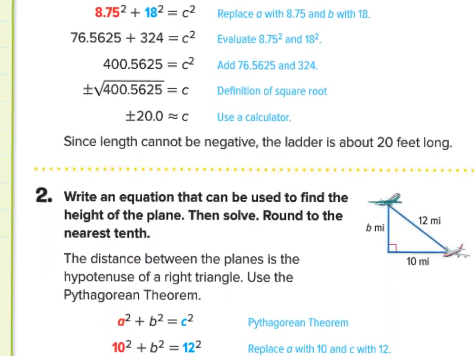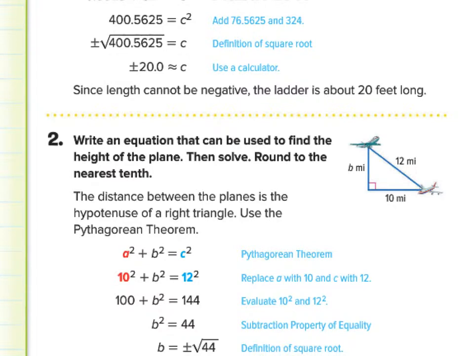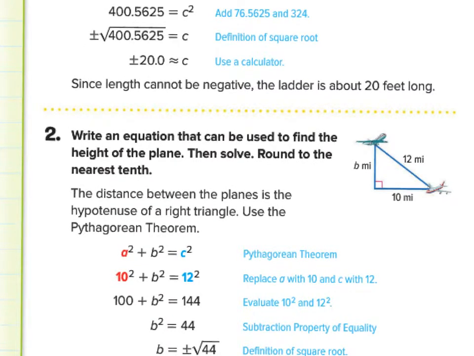Moving on. Number 2, we have the difference between these two airplanes. Okay, the difference between both of them. Now, it would be hard to identify how far they are, but what we can do is differentiate how far apart they are in terms of height, and how far apart they are horizontally.